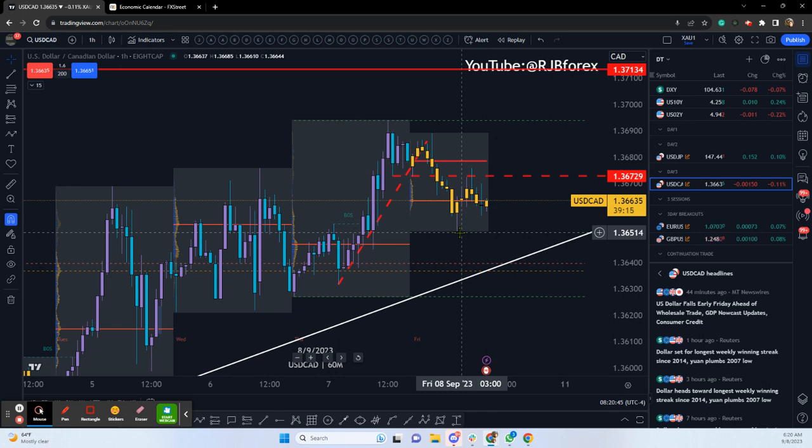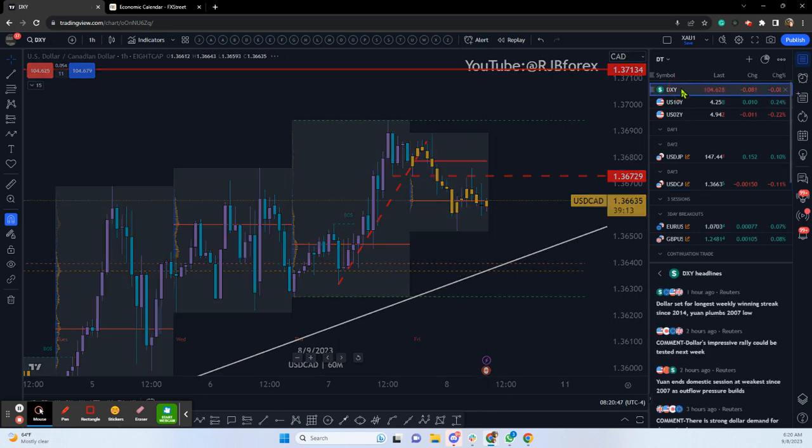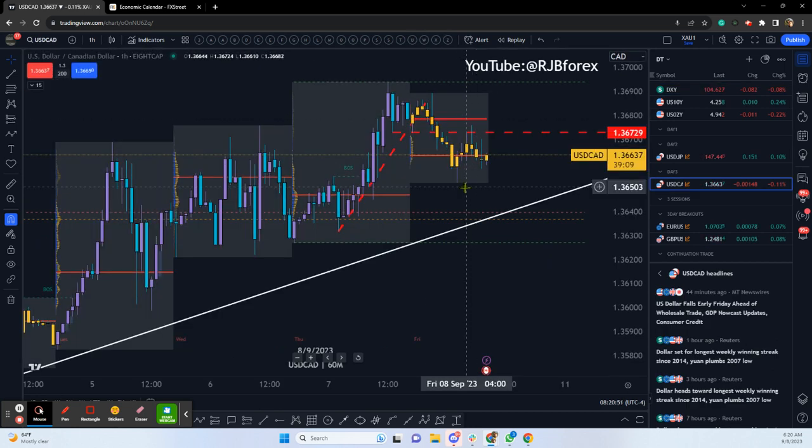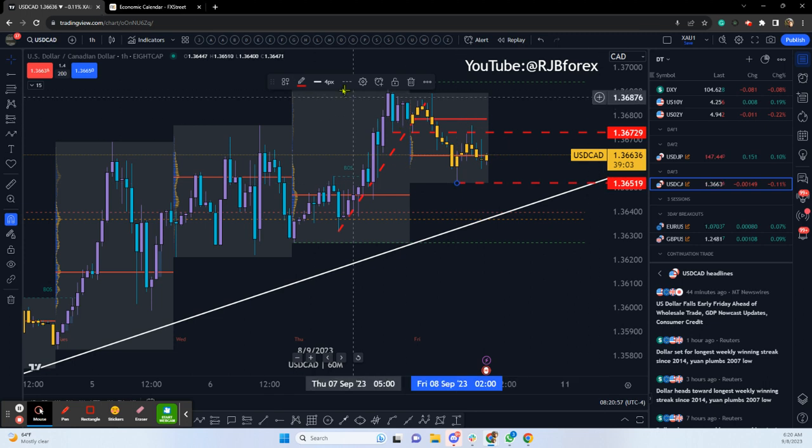And as per the bearish dollar outlook, we're biased towards the lows. Lows of the day. And below there, we'll have the point of control of yesterday over here. So this is where volume was at its highest.